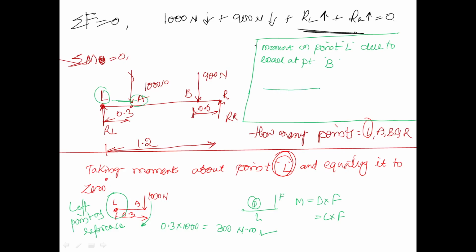Now this is point L, this is point B, which is weighing 900 Newton. What is the distance from L to point B? You just observe, it is 0.6 meter. Now 0.6 into 900 is about 540 Newton meter.